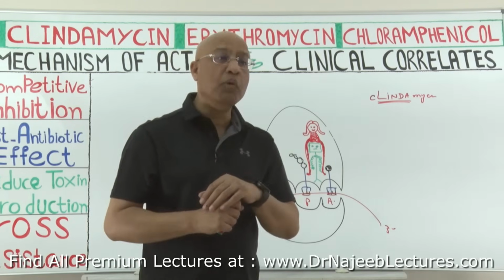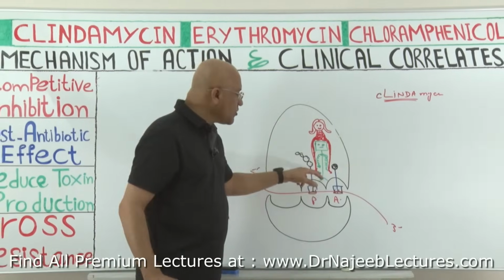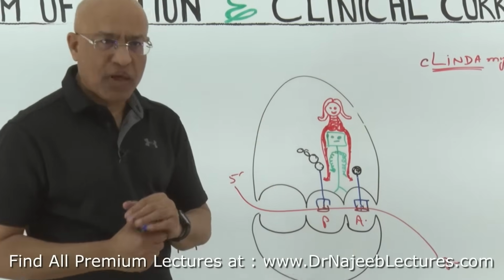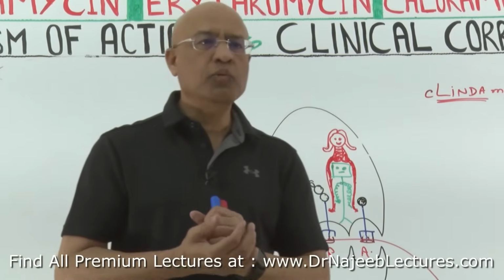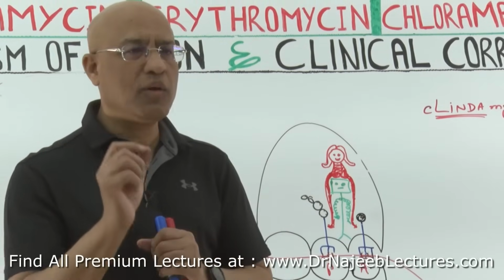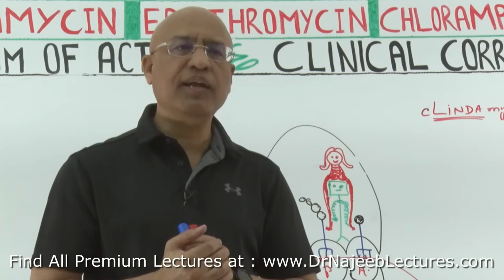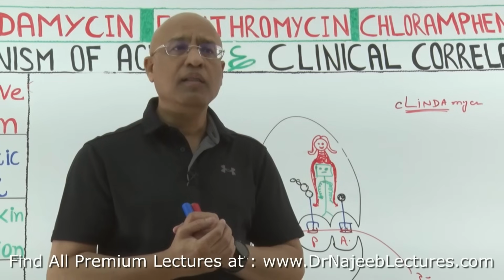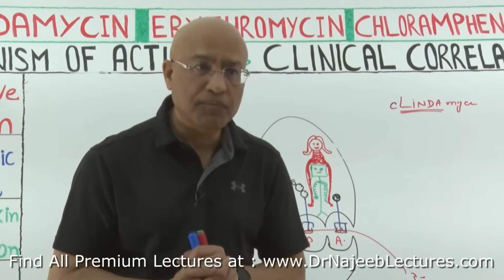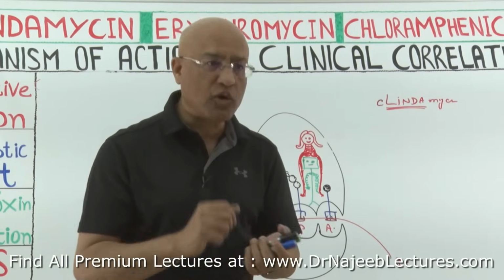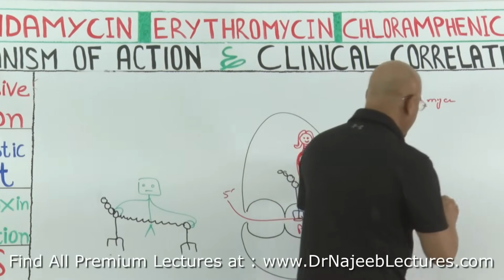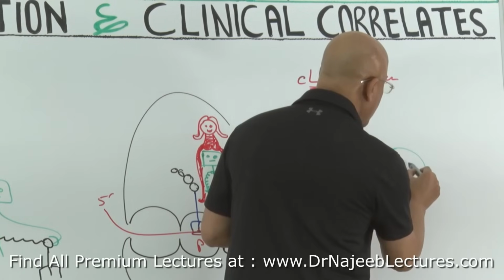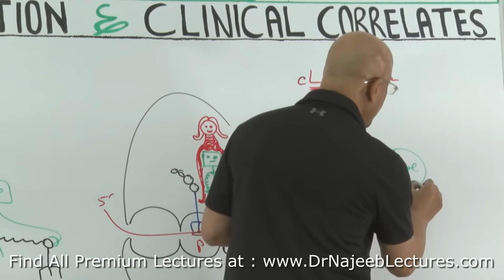Now here I will tell you one more thing. When clindamycin is working like this, bacteria are unable to produce proteins. Let's suppose we are giving this. Now listen carefully. Let's suppose clindamycin is given to a patient who is having toxic shock syndrome toxin. Now what is toxic shock syndrome toxin? Let's come here. Suppose this is a special variant of Staph aureus.